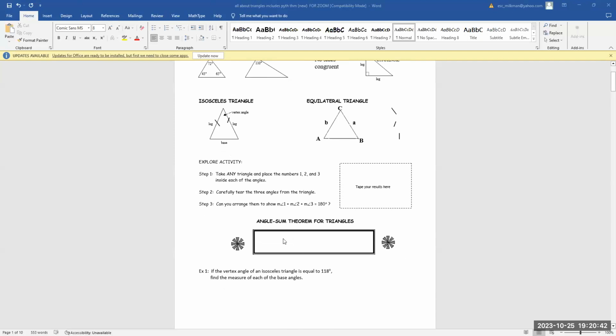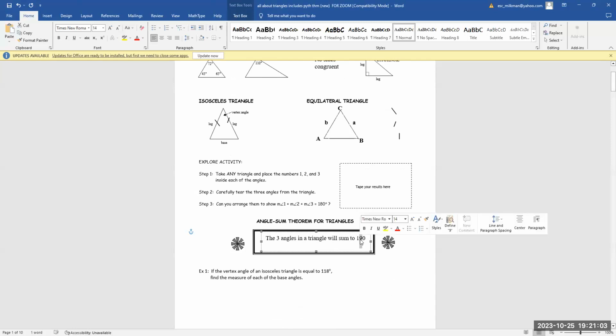The angle sum theorem for triangles says the 3 angles in a triangle will sum to 180 degrees.